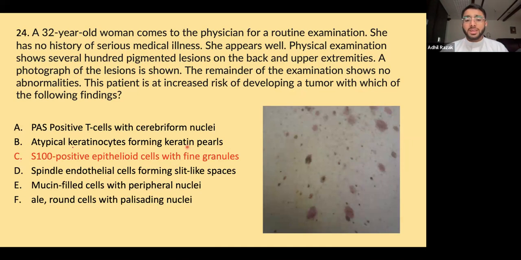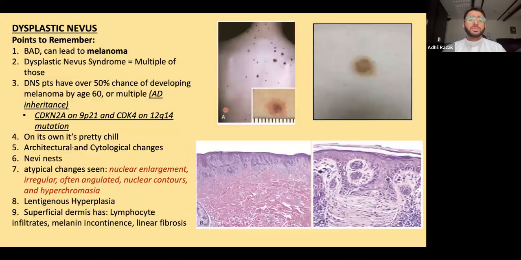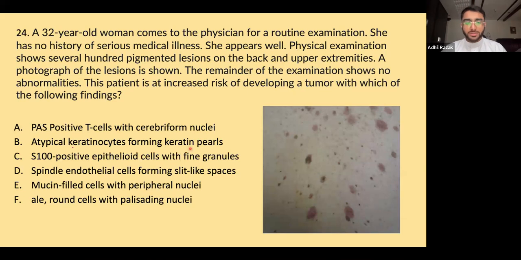Why is it not B? Keratin pearls are not seen in melanoma. Keratin pearls are more characteristic of squamous cell carcinoma. So this patient right here has multiple dysplastic lesions. She probably has dysplastic nevus syndrome, so she's at a higher risk of developing melanoma.